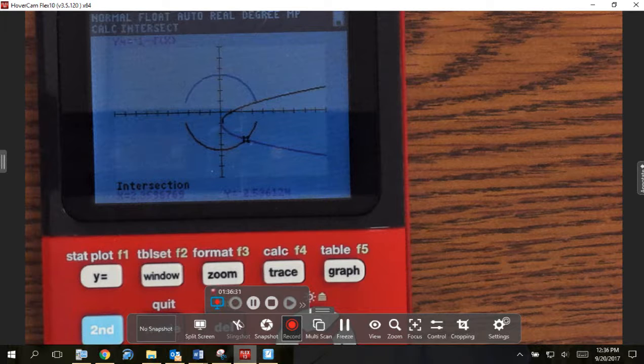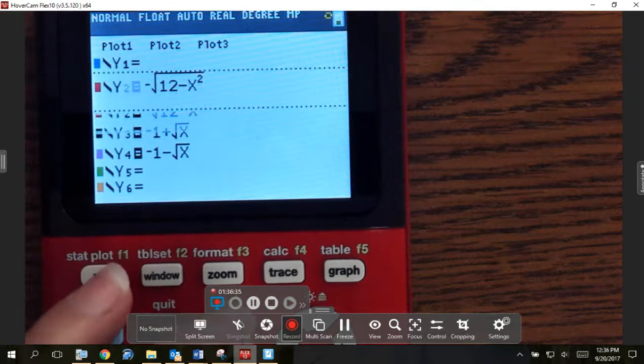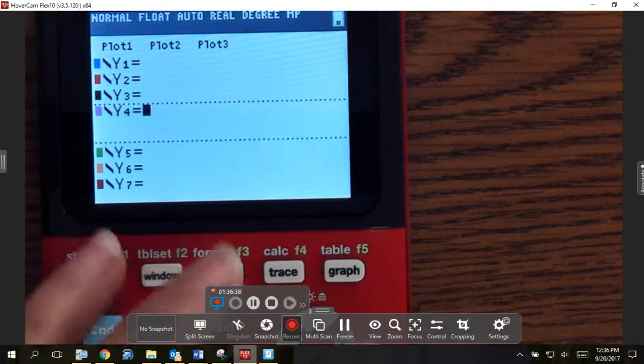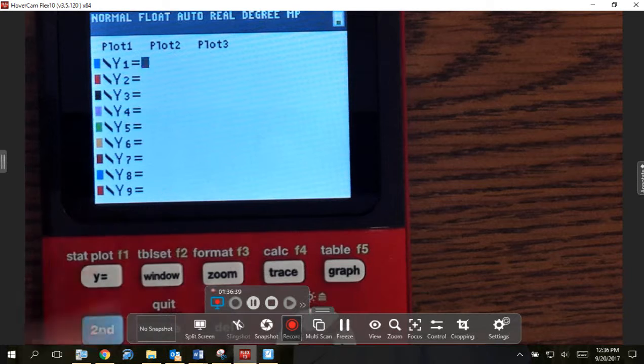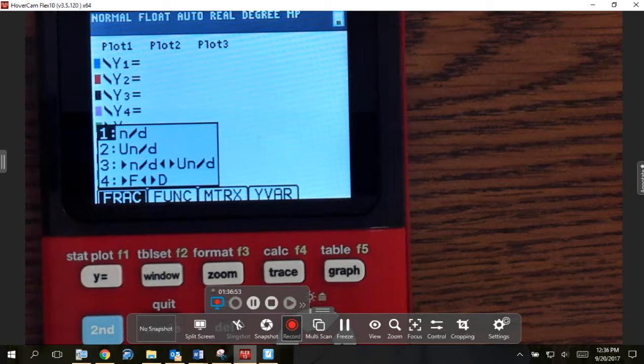Let me just show you how to type in a fraction. So I go to y equals, and if you have the newer software, I'm not saying it has to be the color calculator, it's just the newer software. When you hit the alpha button and then y equals, this menu will pop up. If you hit alpha y equals and it didn't pop up, you can't do what I'm about to do.